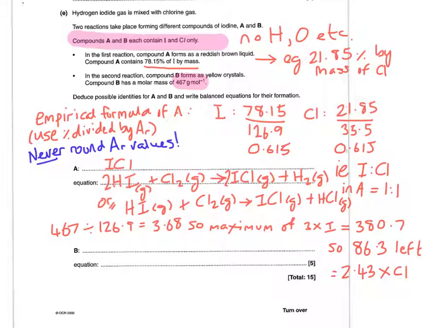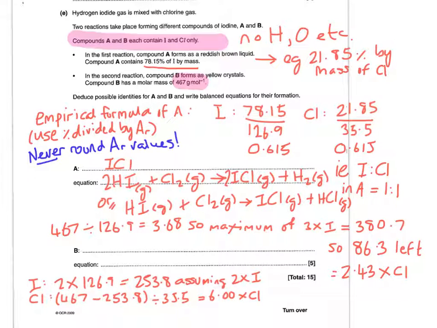Now you can't obviously have 2.43 chlorines, so we're going to just have a think about this for a second. Instead of assuming 3 lots of iodine, assume 2. So this is like a stab in the dark, but it's an attempt to calculate this. So it's quite tricky, this bit, like we said earlier, but let's stick with it. 2 lots of 126.9 equals 253.8, using this new assumption.